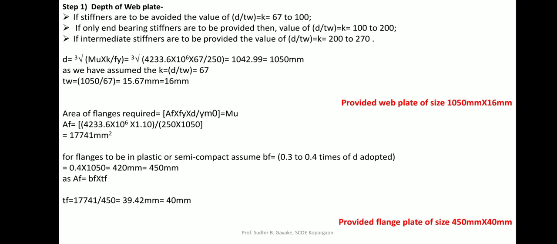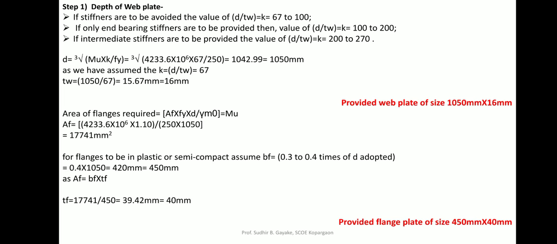The calculated area of flanges is 17,741 mm square. So the flanges are required of this size, 17,741 mm square.